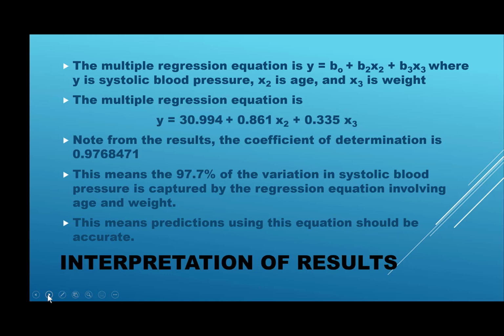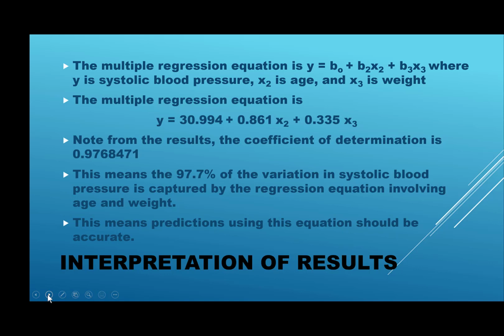So y is equal to 30.994 plus 0.861x2 plus 0.335x3. And that is my regression equation. You fill in the b values, the x values, and the y values stay in the equation. Also notice that you cannot add these coefficients to get a single number on the right-hand side because you have an x2 and an x3, which are different.